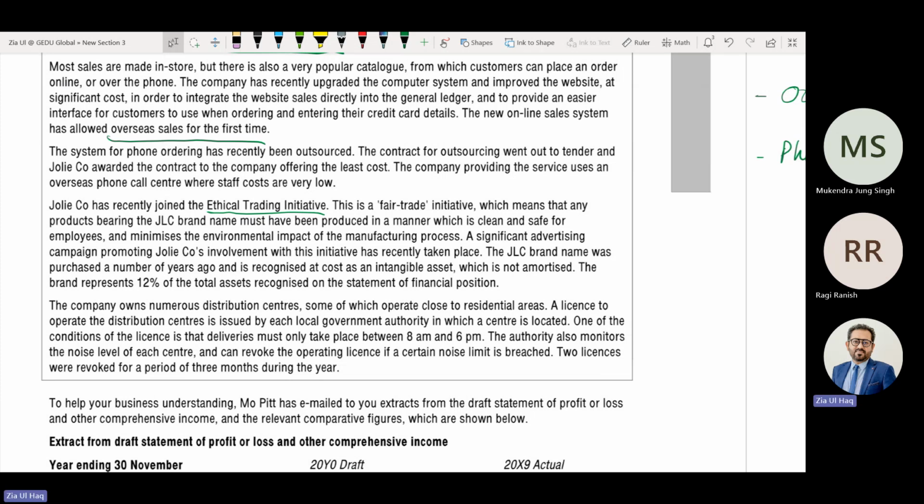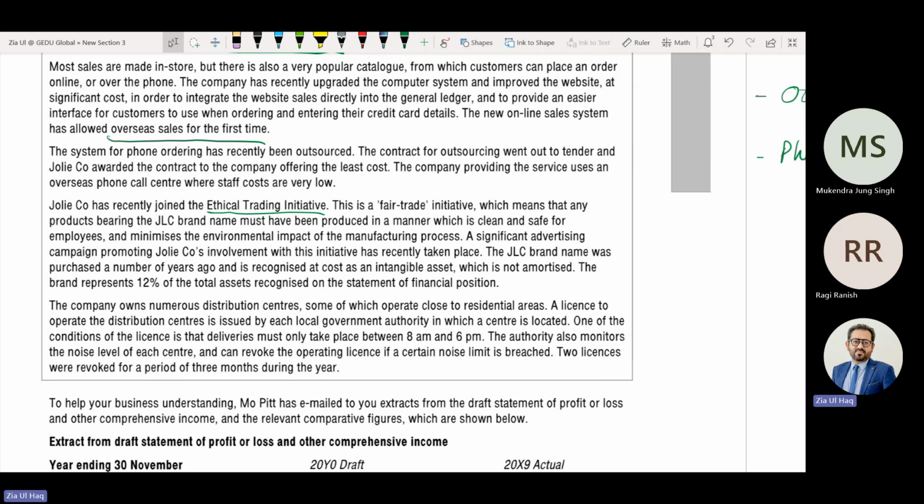This is a fair trade initiative, which means that any product bearing the JLC brand name must have been produced in a manner which is clean and safe for employees and minimizing the environmental impact of the manufacturing process.